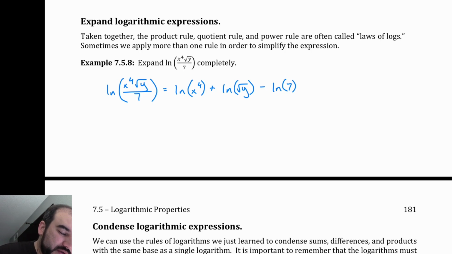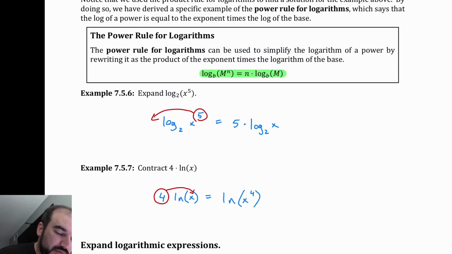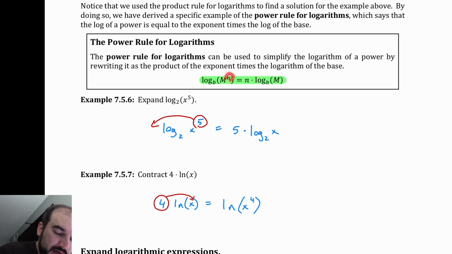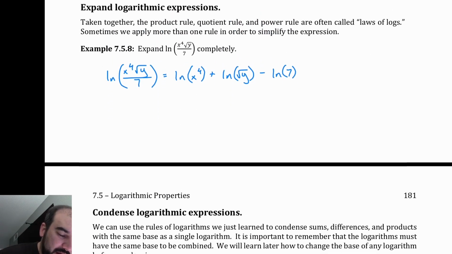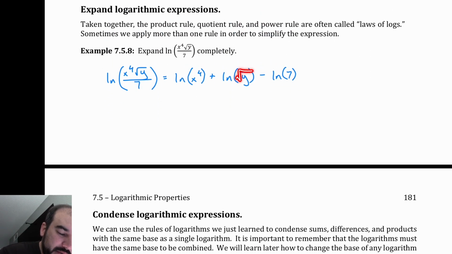And then we can use the power rule for logs to take any kind of exponent that we have and move it in front of the logarithm. So we're going to take any power, including the square root, because we know we can write the square root as a 1/2 power. So I might go back and fix this and say this is actually y to the 1/2 power.